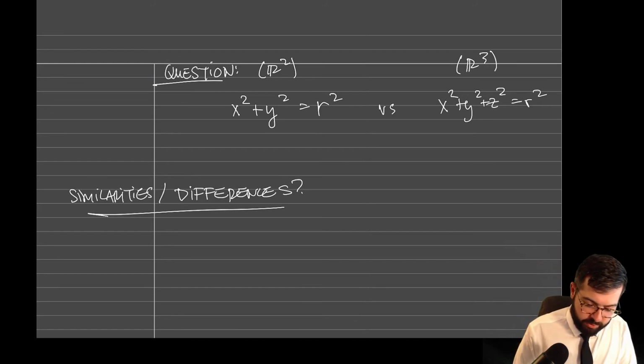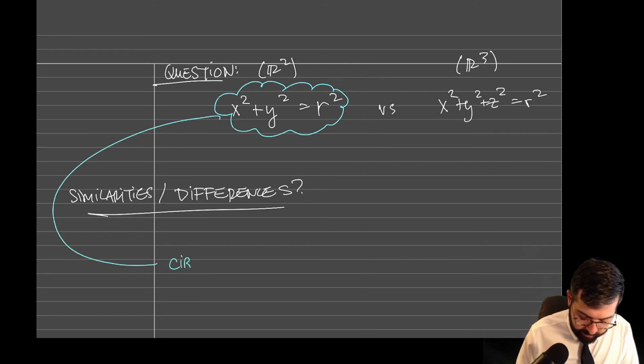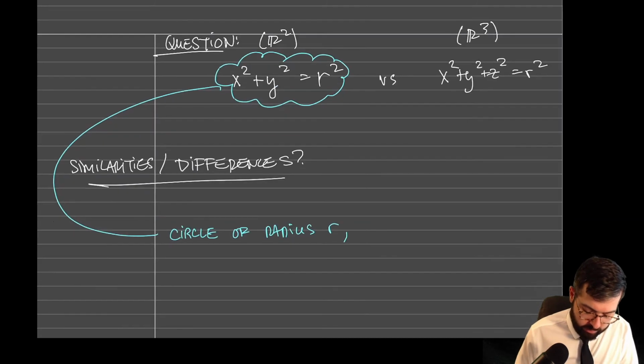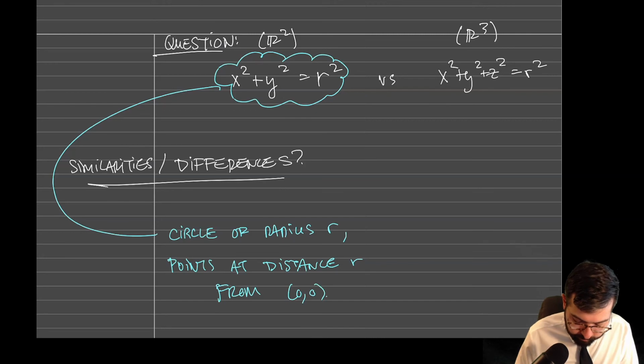Well, what is the first one again? This is a circle. It's really just the points on the exterior of the circle: a circle of radius r, points at distance r from the origin, or from the center.